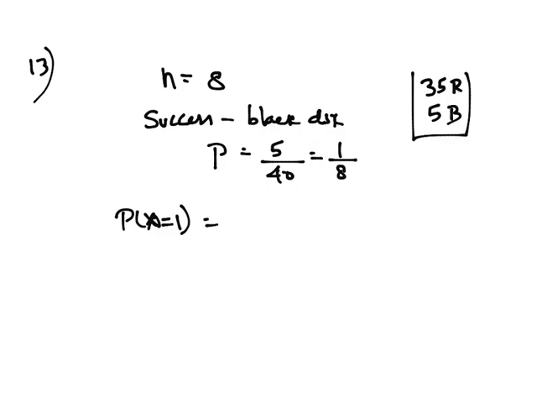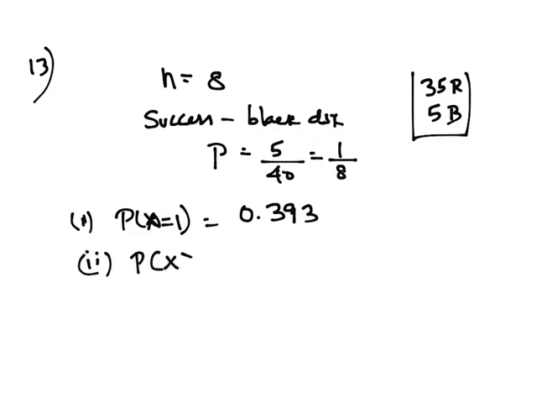So go to distribution binomial, go to BPD, put x as 1, and number of trials is 8. Probability of success is 1 divided by 8. So you get 0.3926 or 0.393.